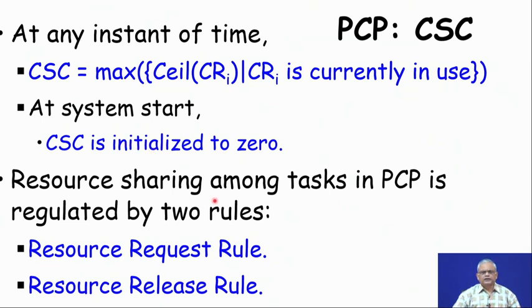Now, let us see how resource sharing occurs under the ceiling protocol. There are actually 2 rules. The first rule applies when a task requests a resource. This is called the resource request rule. The second rule is called the resource release rule. This rule applies when a task releases a resource.